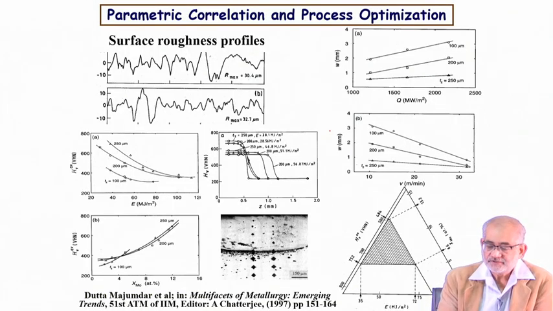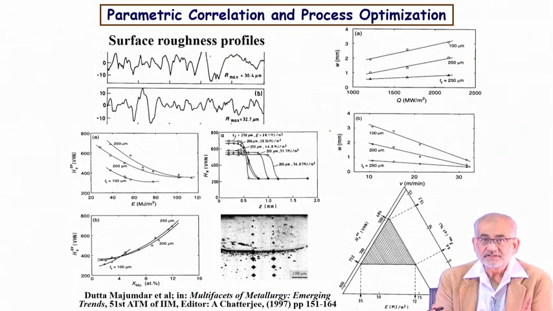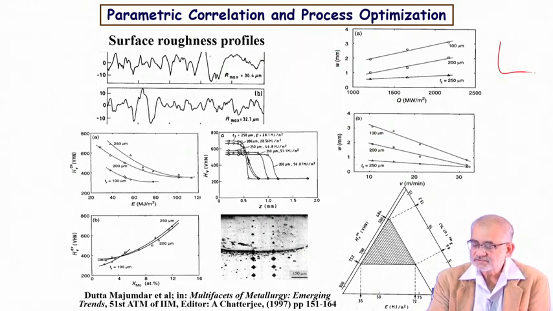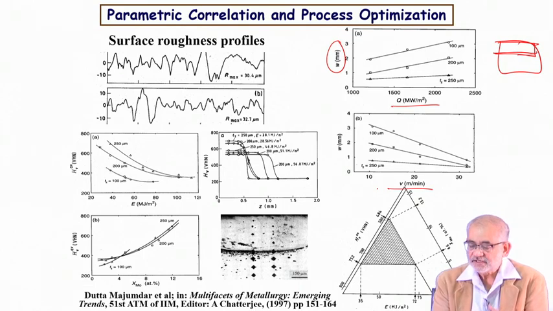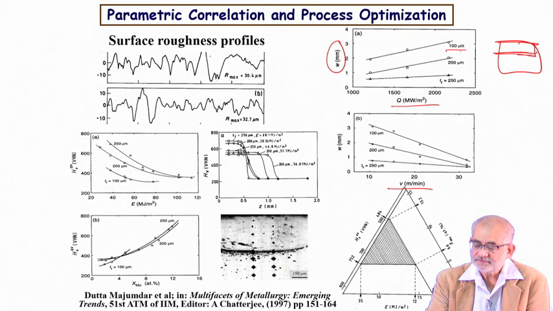And in the process, typically in a laser surface alloying process you go through certain routine approaches. If this is the substrate from the front view, and this is the depth of the alloyed zone that you have formed, you would like to see how this alloyed zone thickness varies as a function of power density and as a function of speed, and also your deposit thickness could be a parameter.